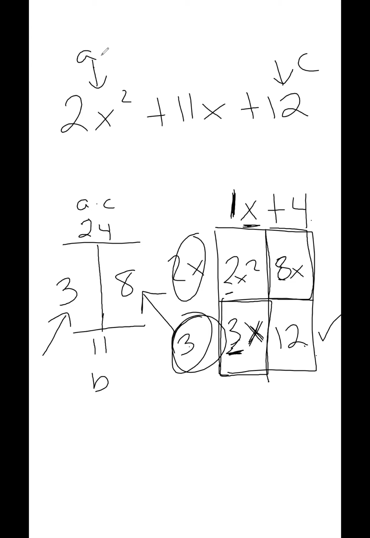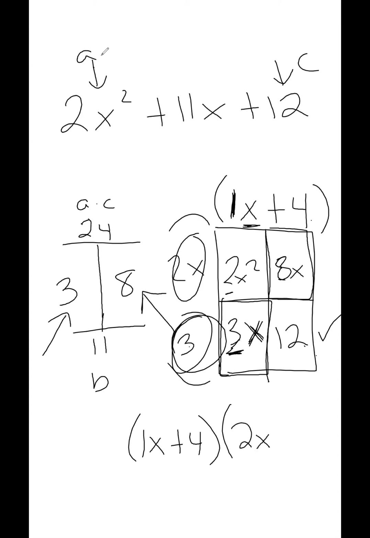So then we just did like we did earlier, we put them in parentheses. 1x plus 4, 2x, and that was a positive 3, so plus 3. Now we have our factors. You also don't need to write the 1 in front of the x, so this can also be written like this.